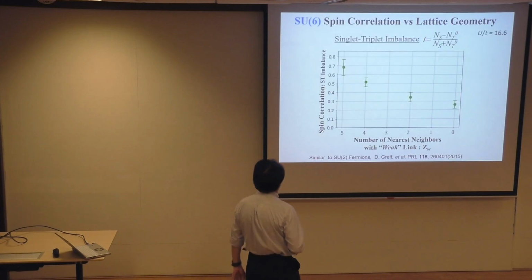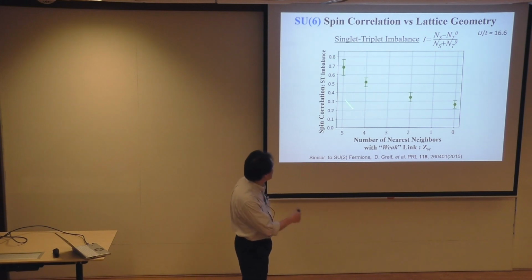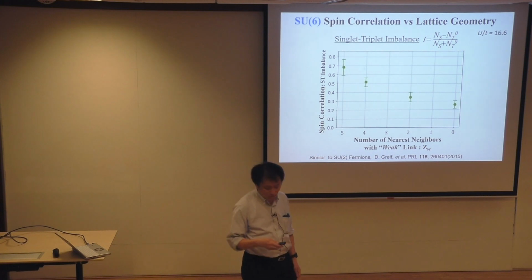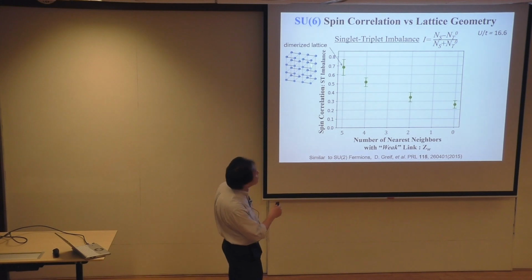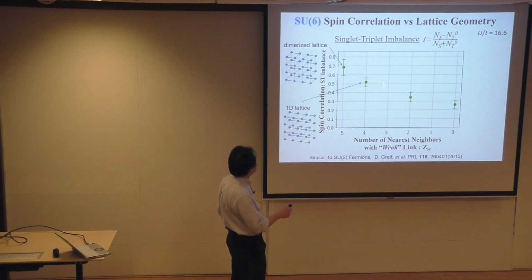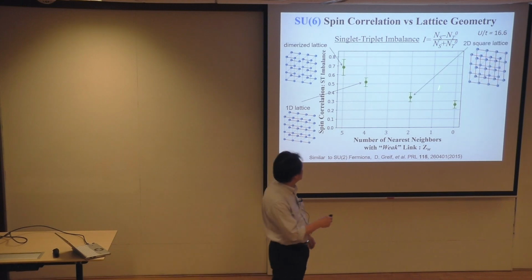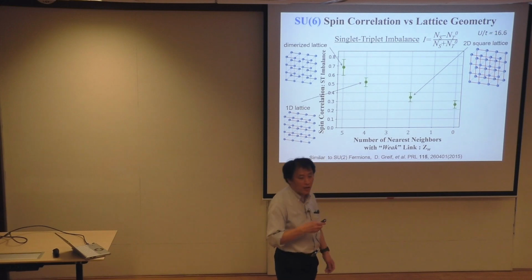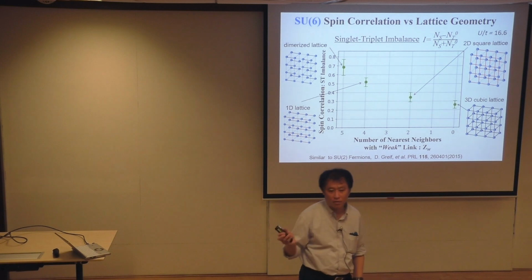And the observed spin correlation is plotted as a function of the number of nearest neighbors with weak links. The dimerized lattice has 5 weak links per site, the 1D lattice has 4 weak links per site, and this corresponds to the 2D square lattice, and the 3D isotropic cubic lattice has no weak link.